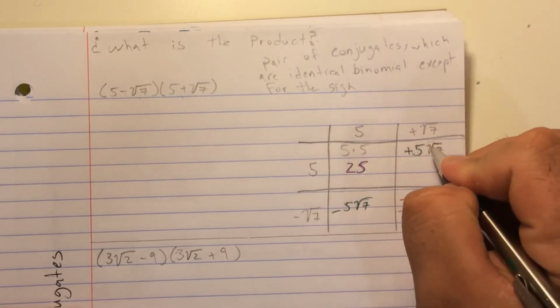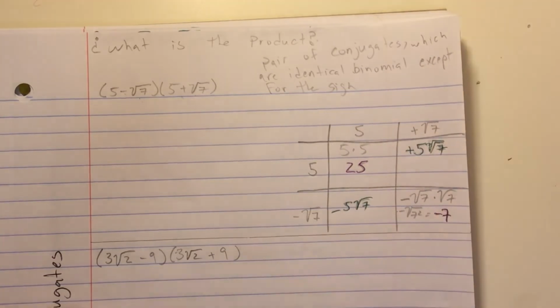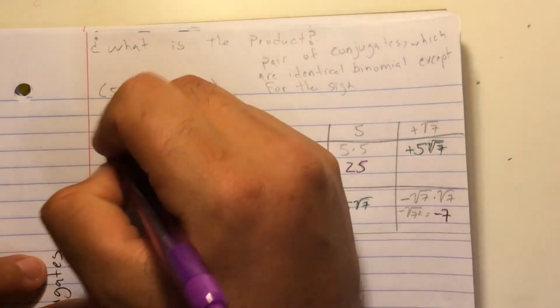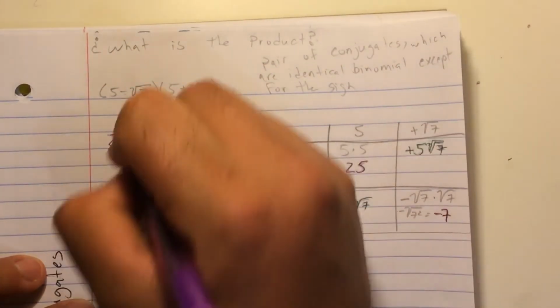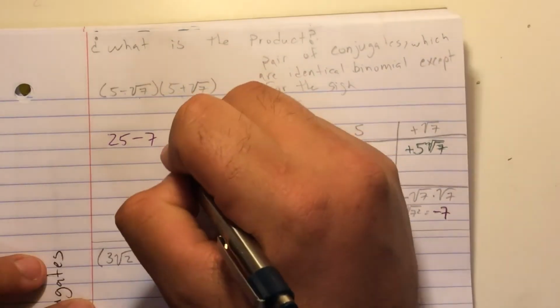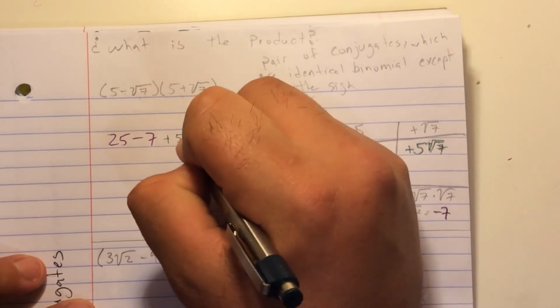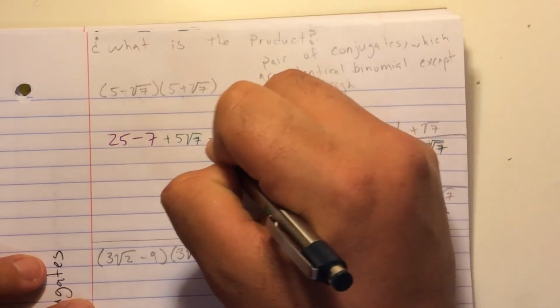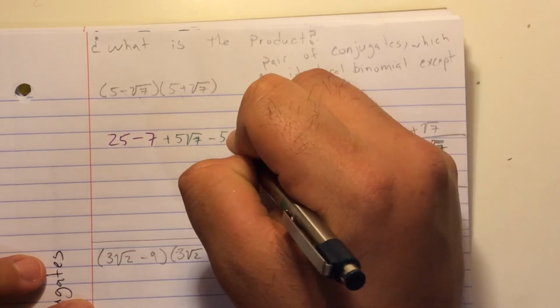And then I have my plus 5 times radical 7. So this is the best thing about conjugates. So let me rewrite my equation. So I have my purple 25 minus 7. And then we have our plus 5 radical 7 minus our 5 radical 7.